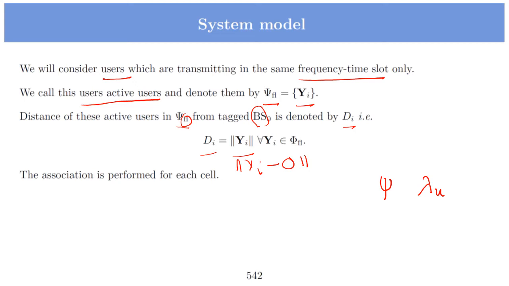Now this association is performed for each cell. So all the active users are associated with some base stations, and all of them are associated in a way such that they connect to the closest base station.